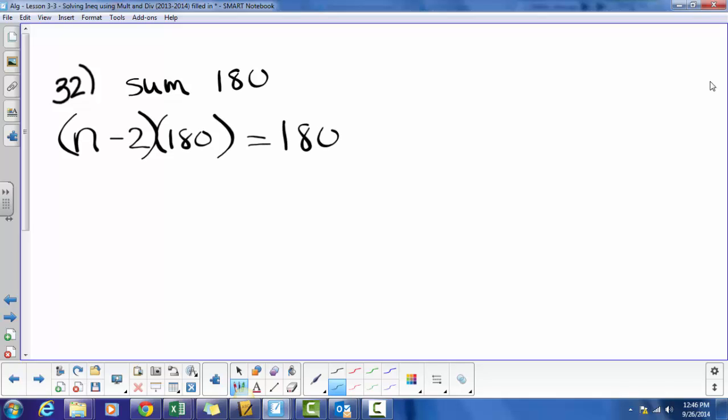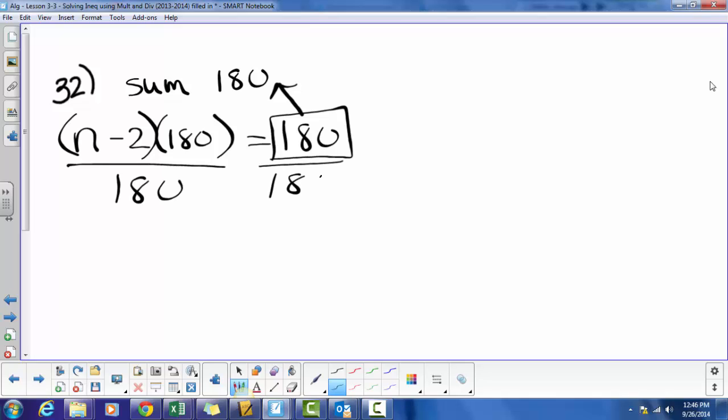That's what we're told, because this right here is the sum of the angles. So if I divide both sides by 180 to solve this, I get that n minus 2 equals 1. Add 2 to both sides. So n equals 3. And that's what I'm trying to find.